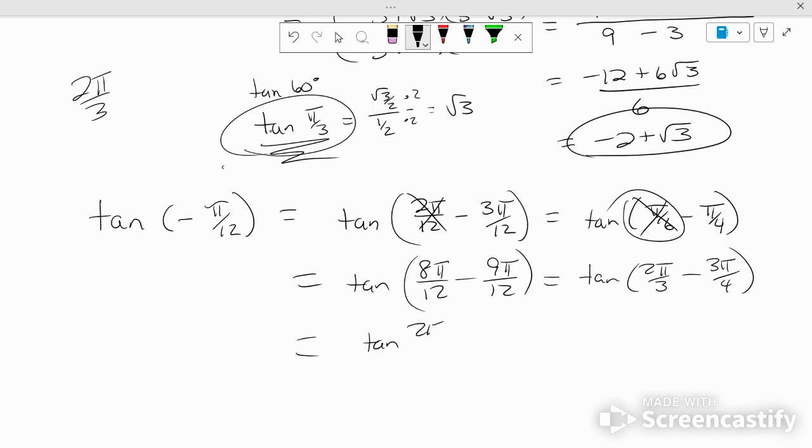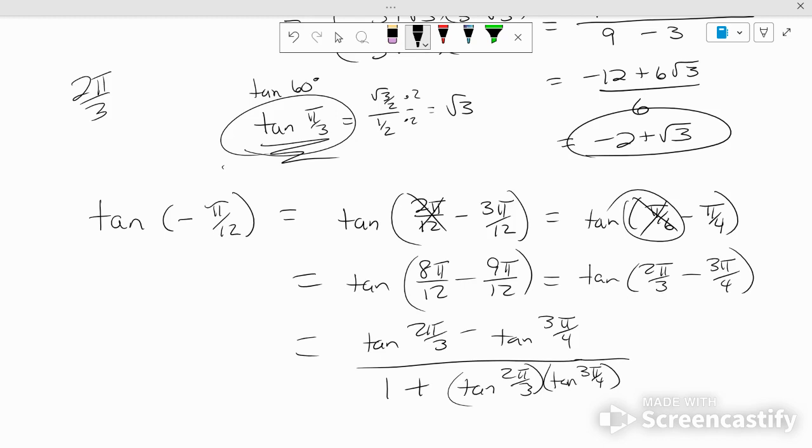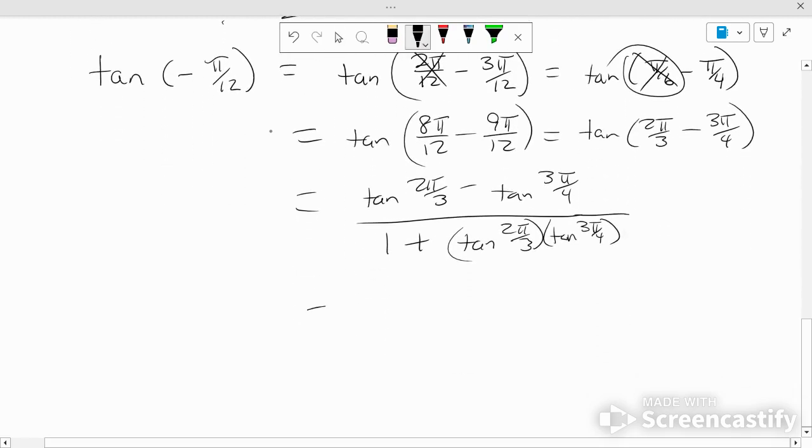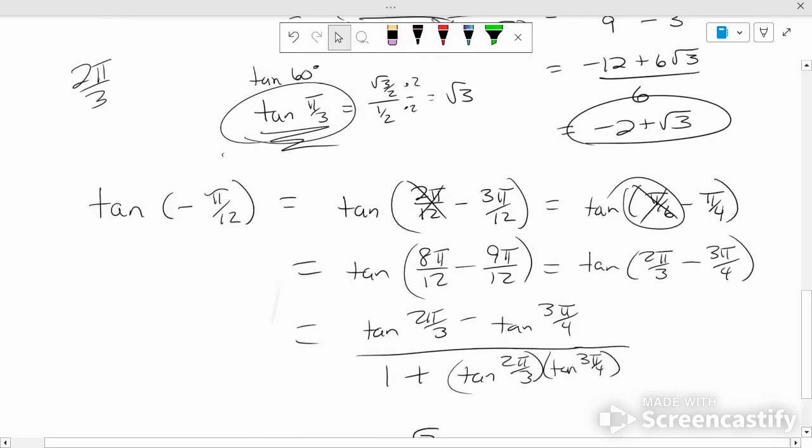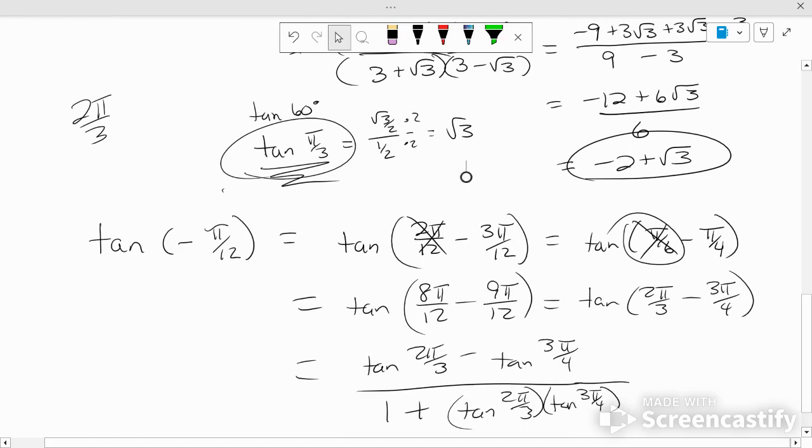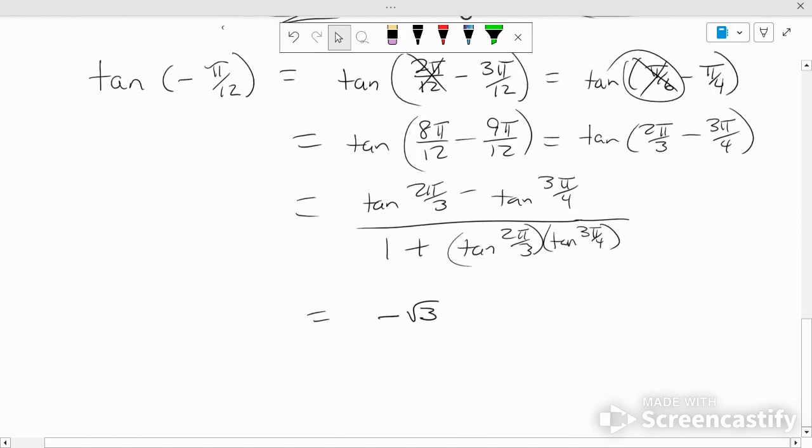So it's the tangent of 2 pi over 3 minus the tangent of 3 pi over 4 all over 1 plus the tangent of 2 pi over 3 times the tangent of 3 pi over 4. Okay? So the tangent of 2 pi over 3 is negative square root of 3, because if pi over 3 is positive square root of 3, 2 pi over 3 would be negative square root of 3.